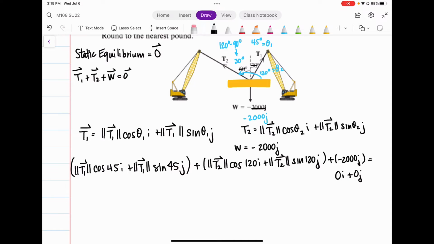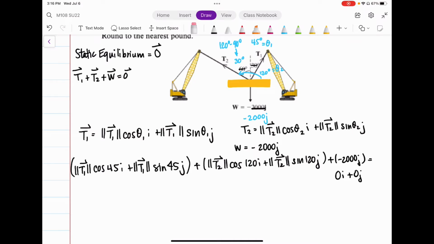And remember, theta 1 was 45 degrees because that was the angle for T1, and theta 2 was 120 degrees because that was the angle for T2. Our goal is to find the magnitudes, and right now we can evaluate the cosines and the sines. We can equate the i portions together and the j portions together.